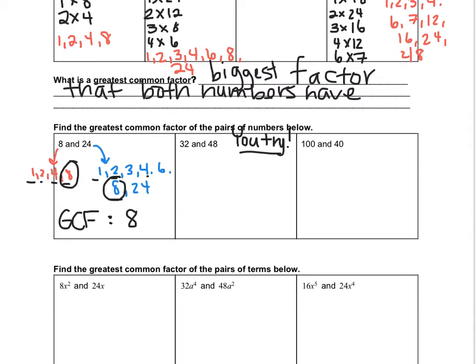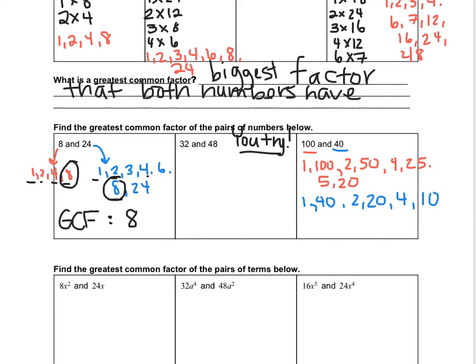So the factors of 100, I have to find them first. So the factors of 100 are 1 and 100, 2 times 50, 4 times 25, and 5 times 20. Those are all the factors of 100. The factors of 40, I have 1 and 40, 2 and 20, 4 and 10.